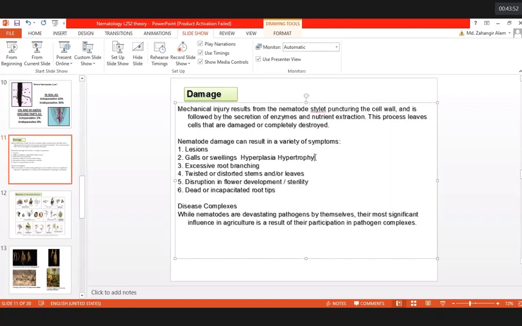You got it? And because of the formation of the tumor or gall, this will exert pressure in the root zone. As a result, the xylem vessel is blocked. Xylem vessel and in some cases phloem vessel will be blocked.